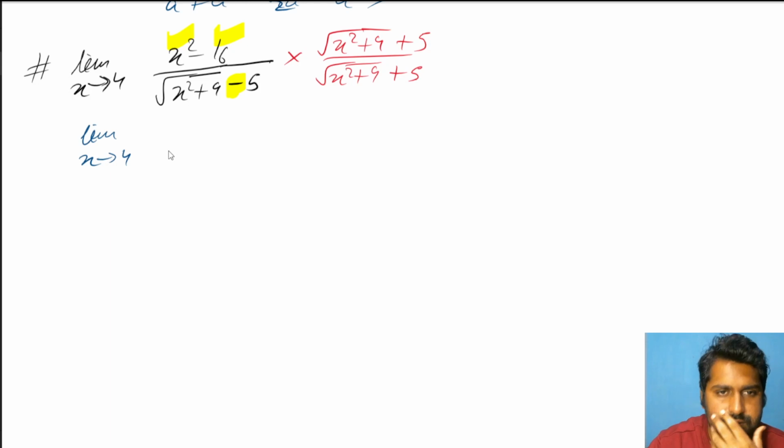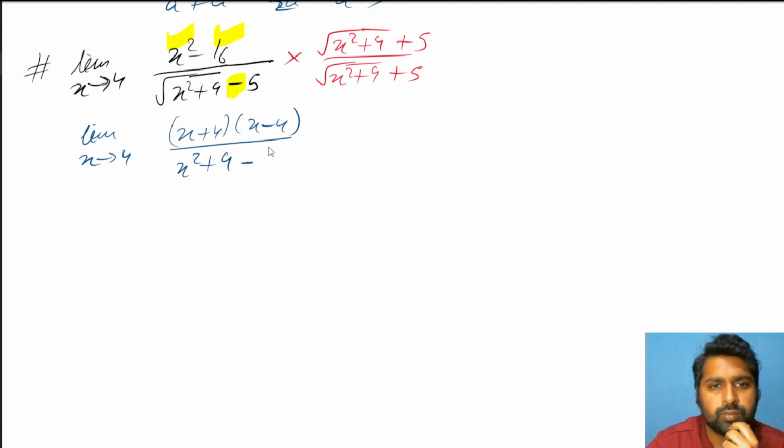Maybe it will help us, maybe not. Let's see. X plus 4, x minus 4, and the denominator becomes a square minus b square. So a square is x square plus 9, whole square in square root, so it becomes x square plus 9 minus b square, which is 5 square, that is 25.